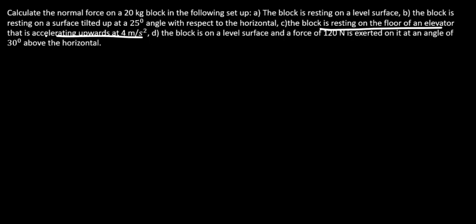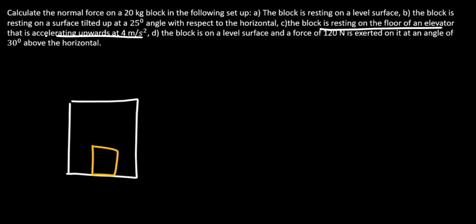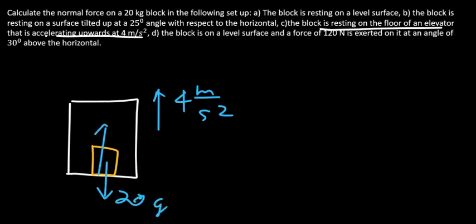Part C, the block resting on the floor of an elevator that is accelerating upwards at 4 meters per second squared. So let's assume that this is the elevator. The object is resting like that. Now, we know the free body diagram states the acceleration is upward, 4 meters per second squared. The object has weight of 20g, and there is a normal force N. That means the net force upward is the normal force minus the weight.